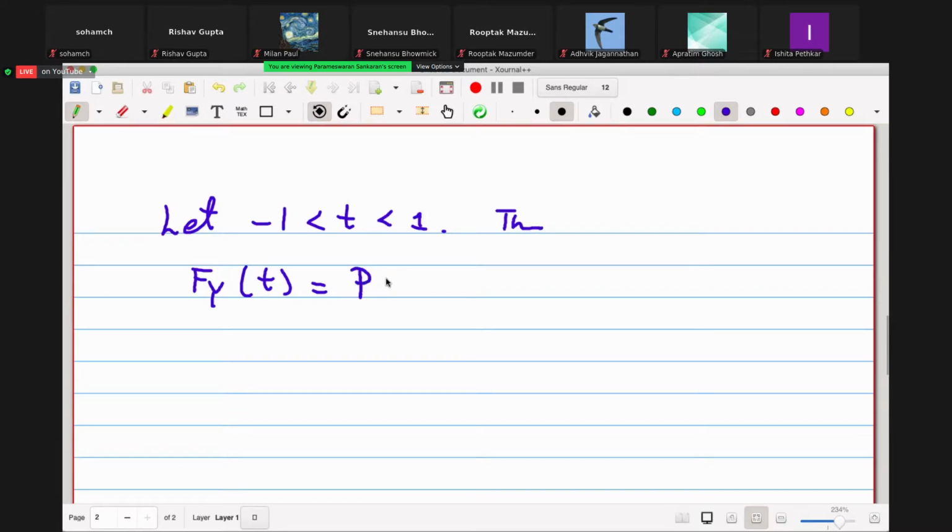I'm not going to write the definition each time, but you understand. This is the probability of the set of all omega such that sin x of omega is less than or equal to t. Yes, this is a set.